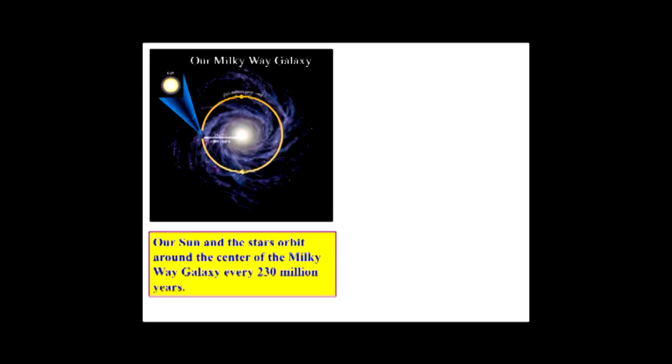It takes about 230 million years for us to complete one orbit around the center of the galaxy. Of course, just to back up, it takes our Earth just 1 year to go around the sun. But meanwhile, the sun and the Earth, taking 1 year to go around each other, that whole structure and the solar system goes around the center of the galaxy in about 230 million years.